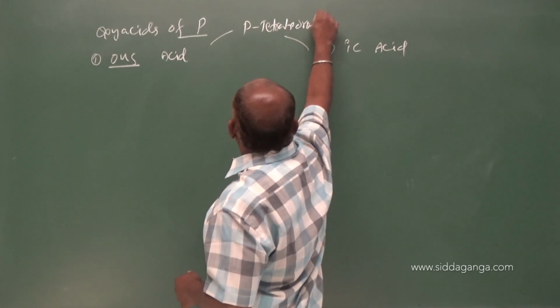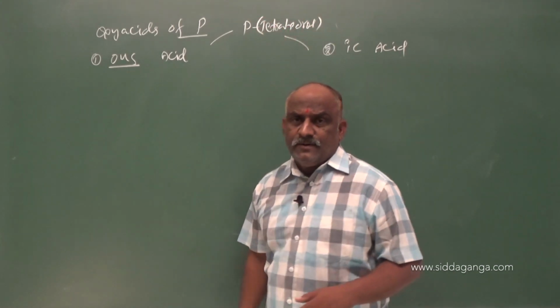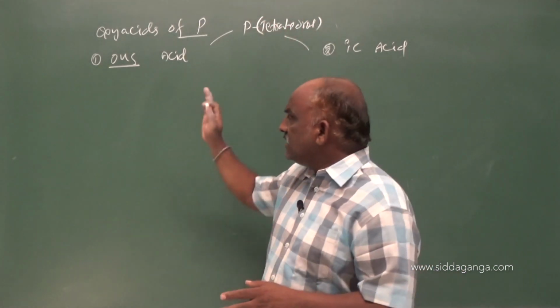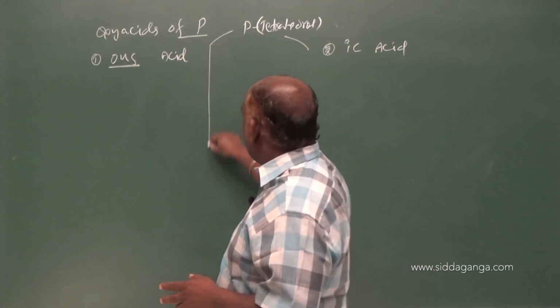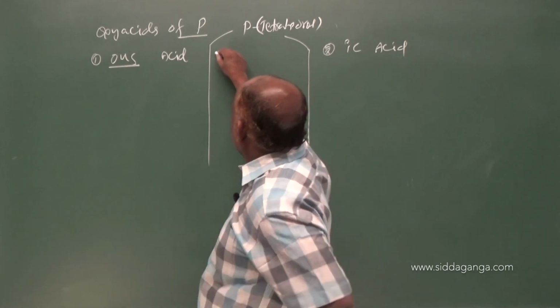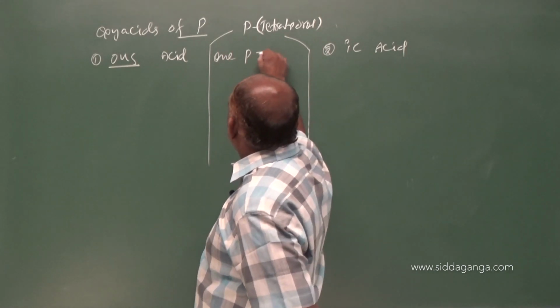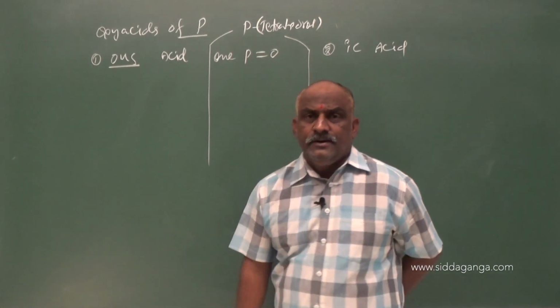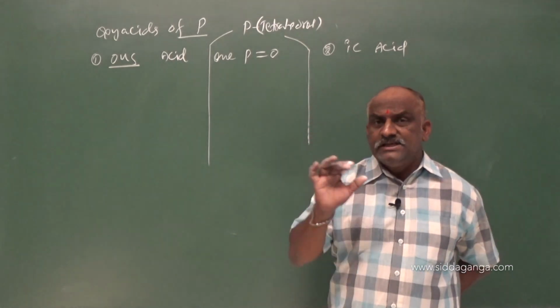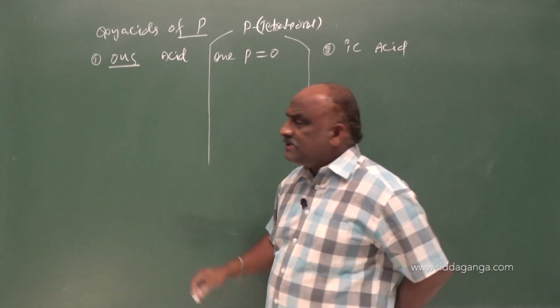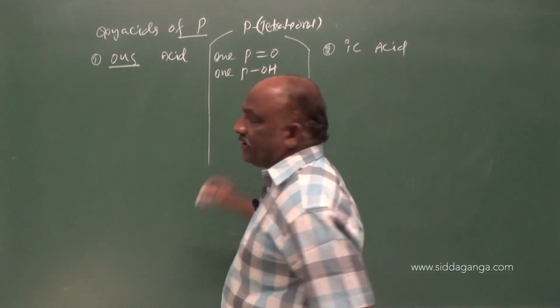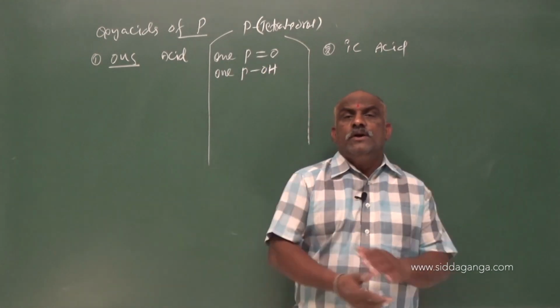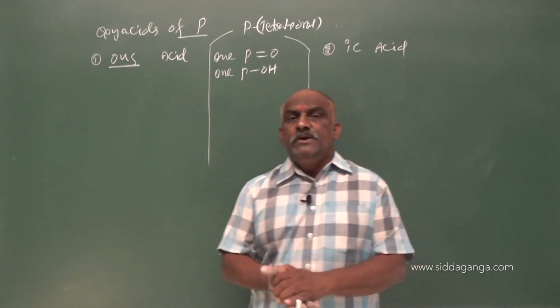While drawing the structure of the ous series or ic series, it is compulsory that one P=O bond and one P-OH bond take place, at least.